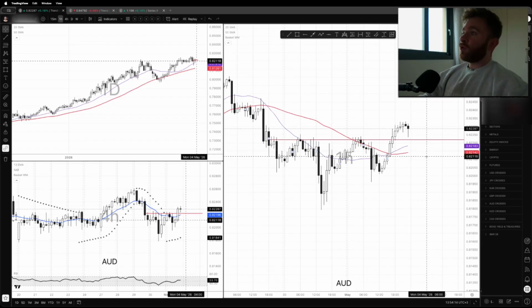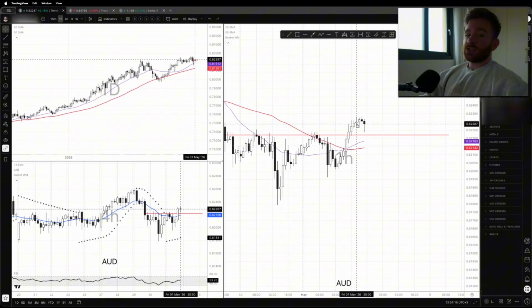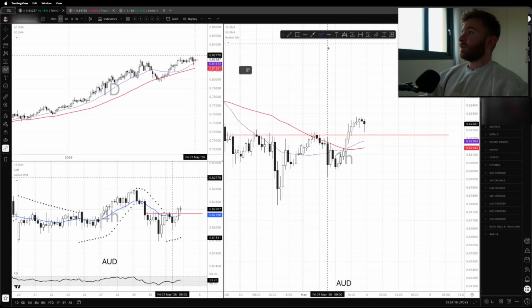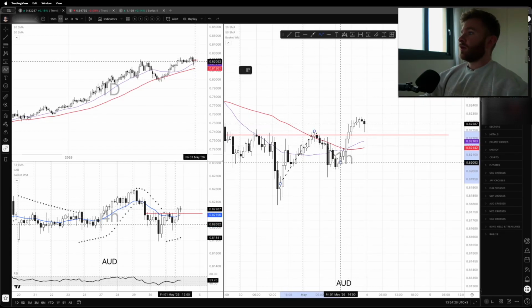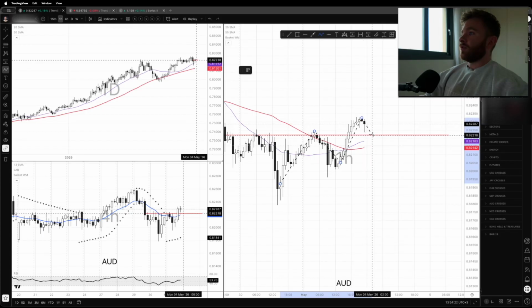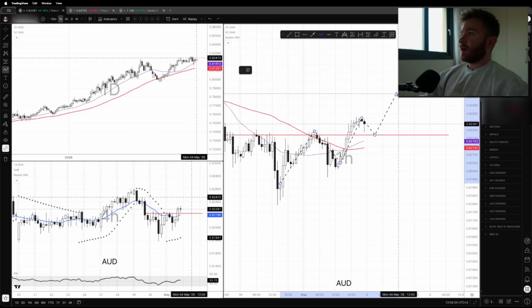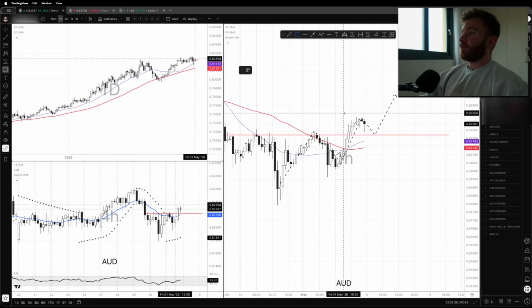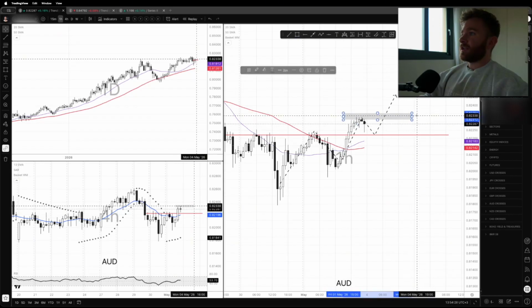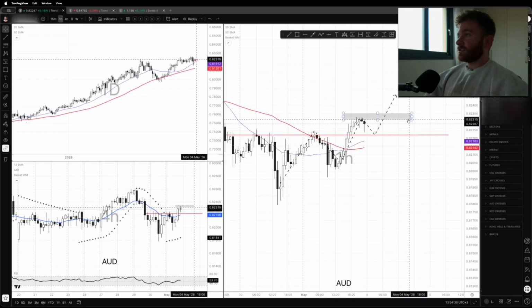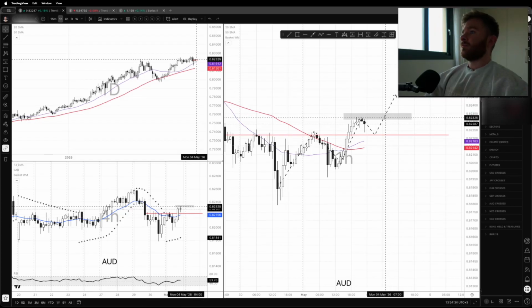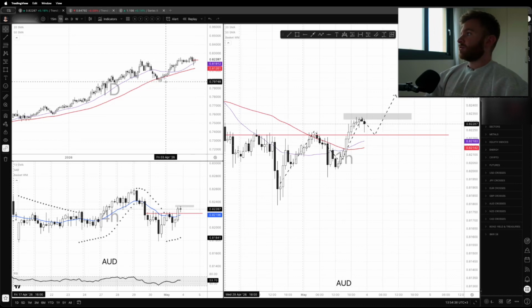I expect a pullback, and if this trend is going to hold, then the perfect conditions for this trend to hold would be a pullback at that level, and then a break above this level. If I get a break above this level, Aussie dollar is confirmed. That is a confirmation that the Aussie dollar is a continued bullish trend.